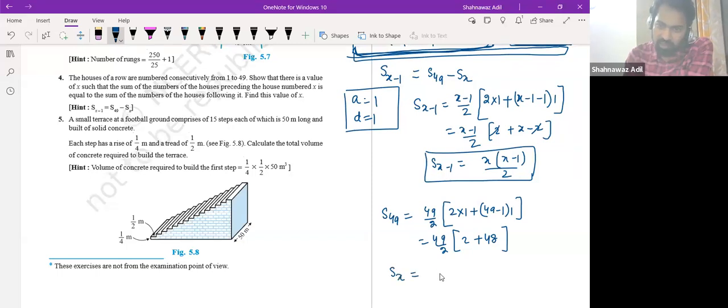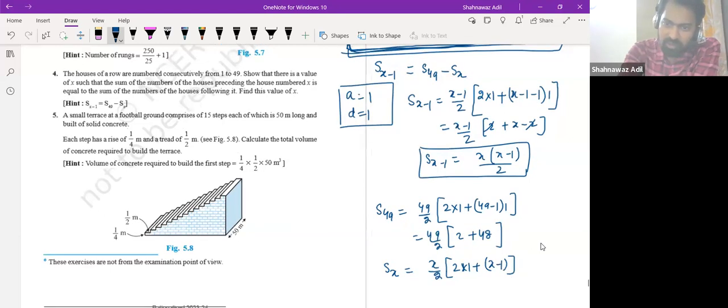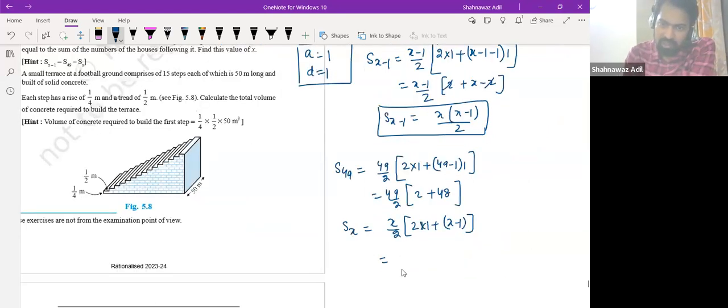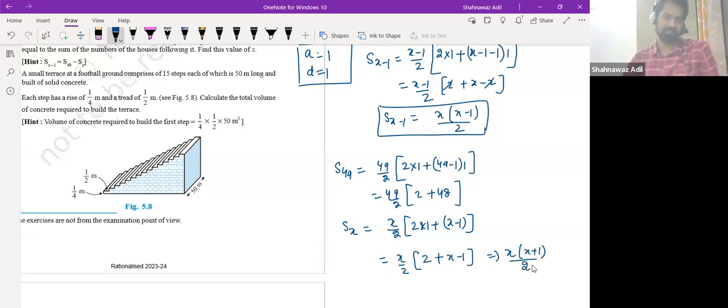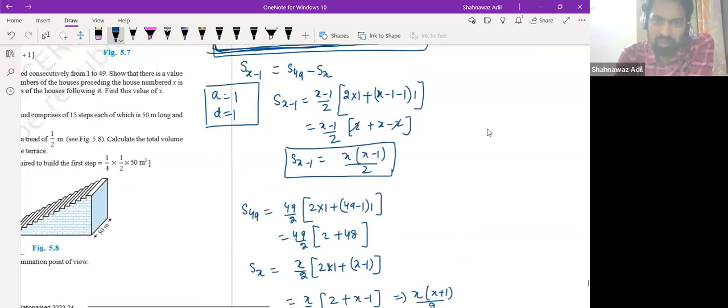This is x by 2 into 2 into 1 plus x minus 1 into 1, so this is x by 2 into 2 plus x minus 1, which is x by 2 into x plus 1.